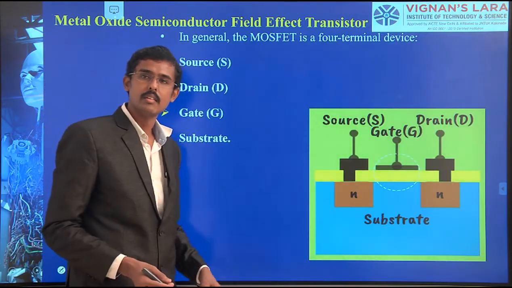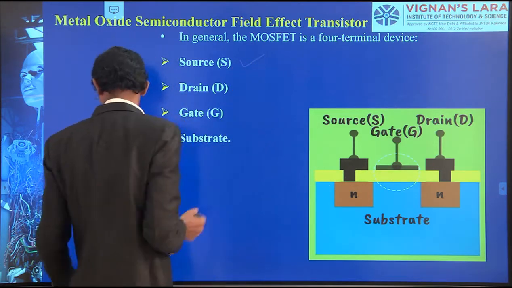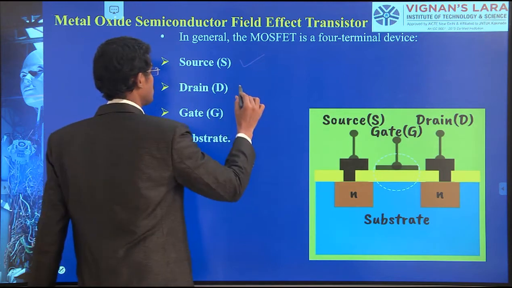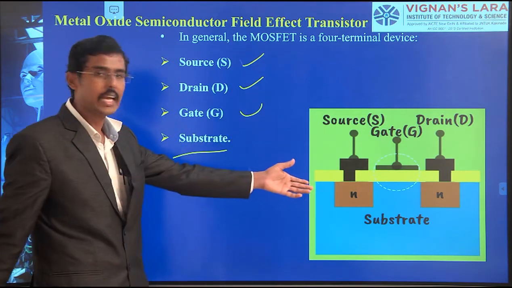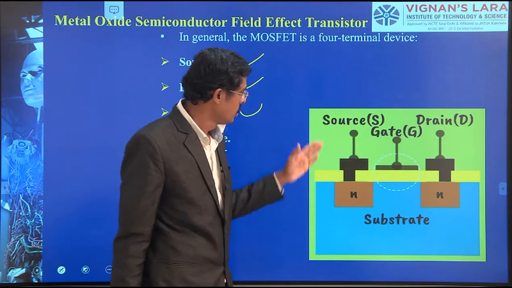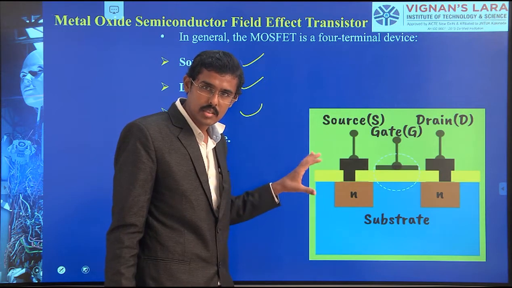Before going there, we should understand that here also a similar pattern of source, drain, and gate is there. In this image, you see, the source has been directly connected to the N region. Please see carefully.